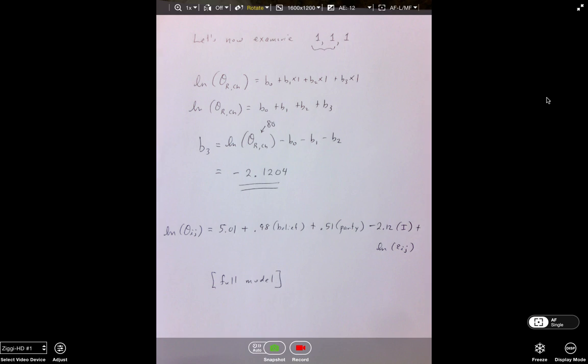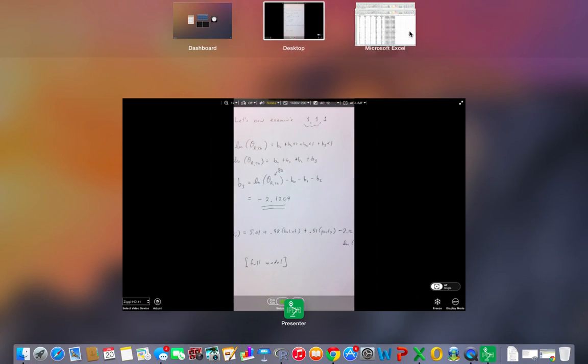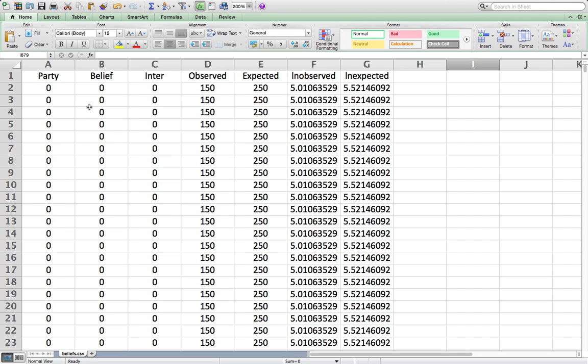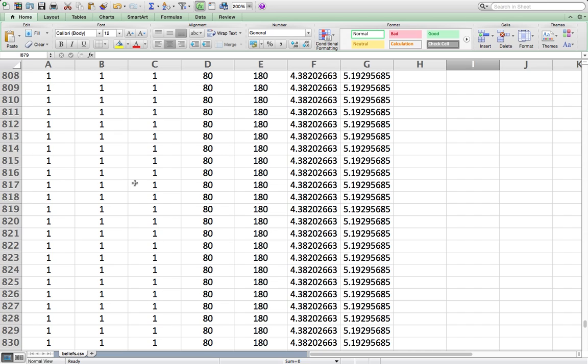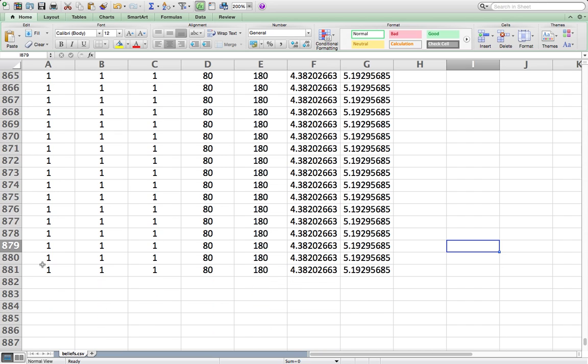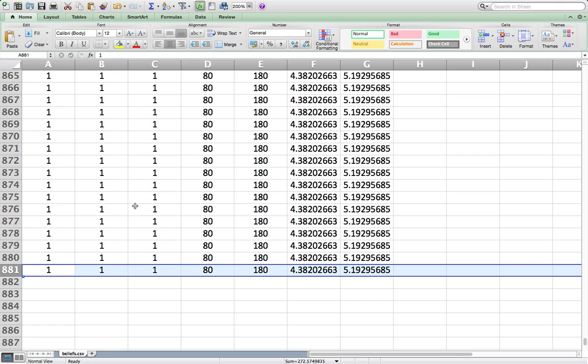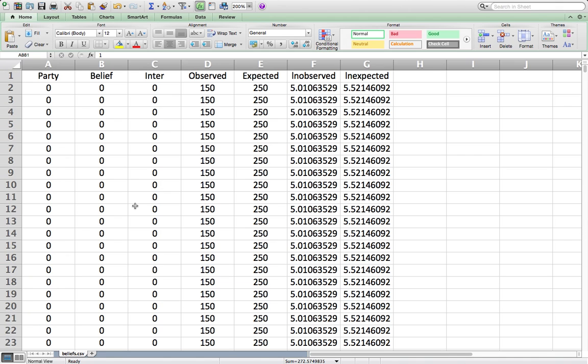Now, just to show you that there's nothing really crazy going on here, I've created an Excel spreadsheet. You can see it's a really large spreadsheet because we have 880 participants, so it goes down to 881, considering the first line is the headings. I've gone through and looked at all the situations.